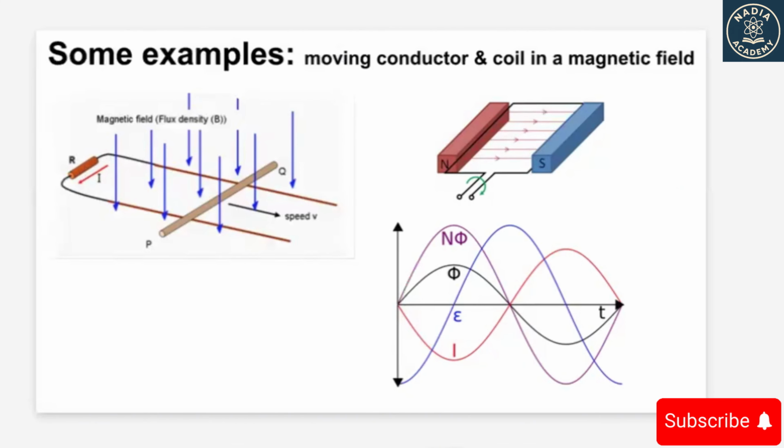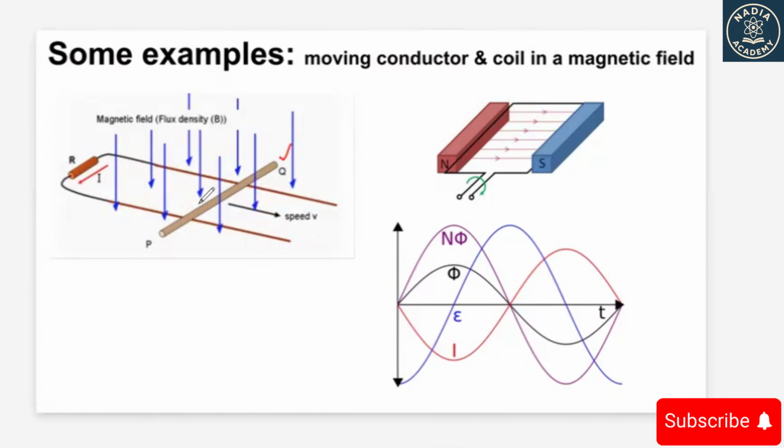Let's see what will happen in this configuration. First, try to understand this configuration. Here, this conducting wire, PQ, can move on this railing up or down.